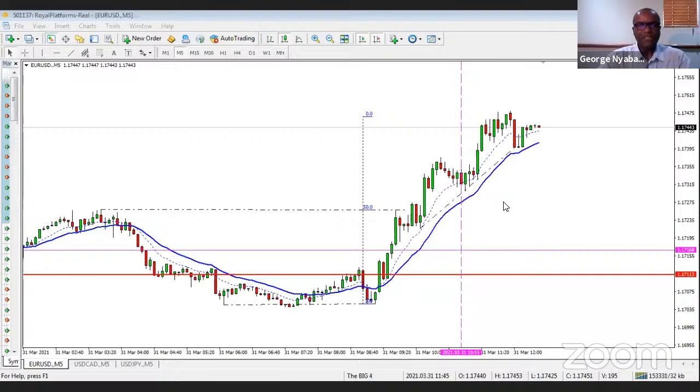Now, today is the end of the month, as you know, 31st March. It's an interesting end of the month because it's also the end of the quarter. End of the month, end of the quarter, these are significant times in the financial market.